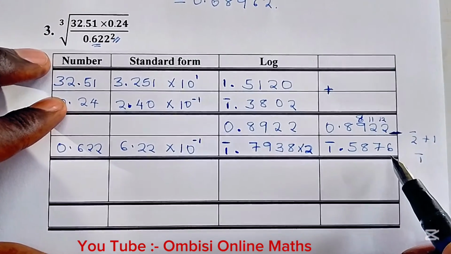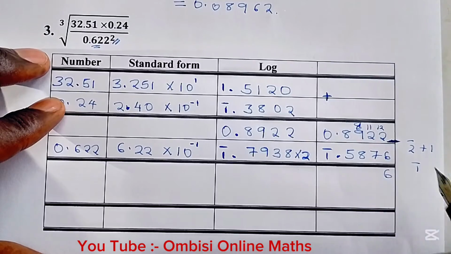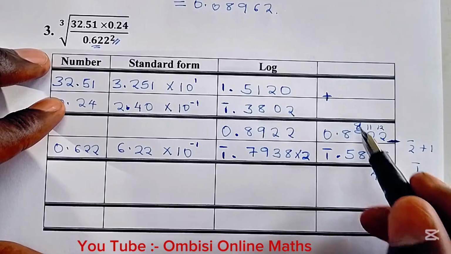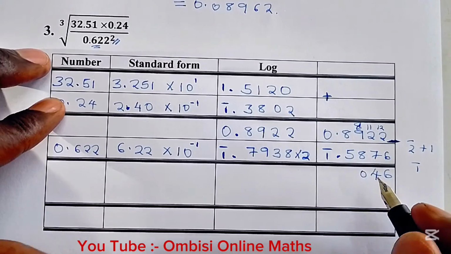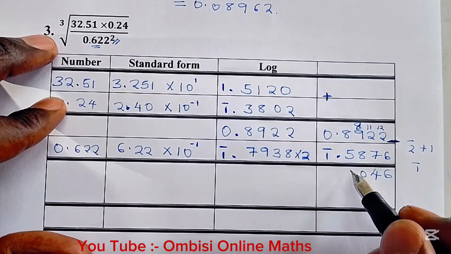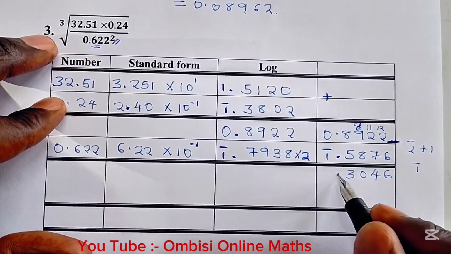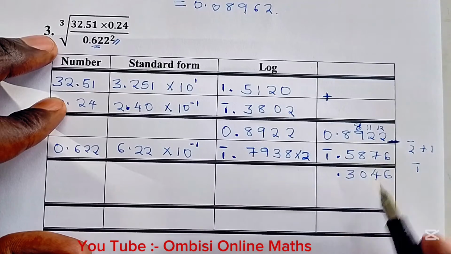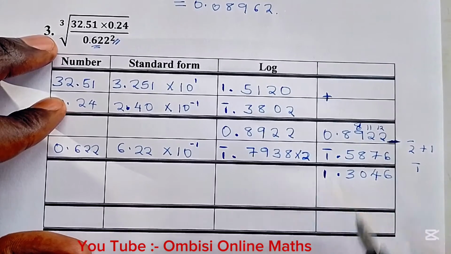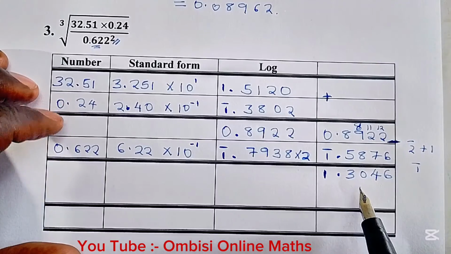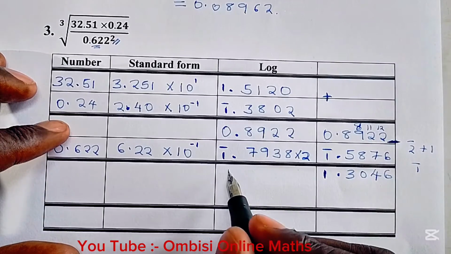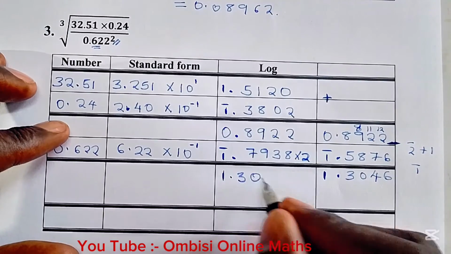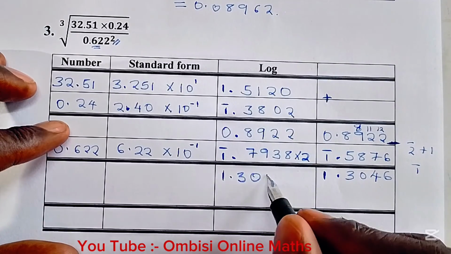So 12 minus 6 gives us 6. 11 minus 4 gives us 4. Then 8 minus 8 gives us 0. 8 minus 5 gives us 3. 0 minus 1. That is 0 plus 1, which is 1. Now, this number that you see here, we are going to bring it here. 1.3046.